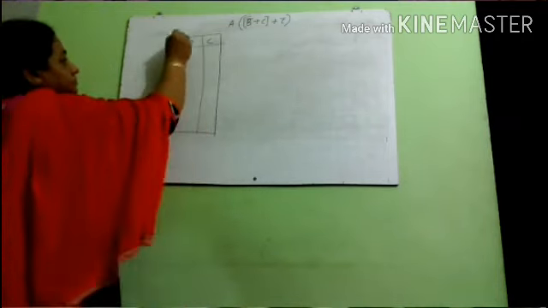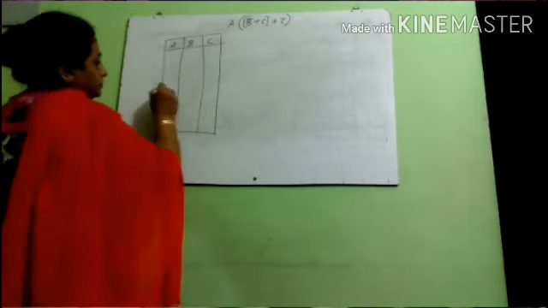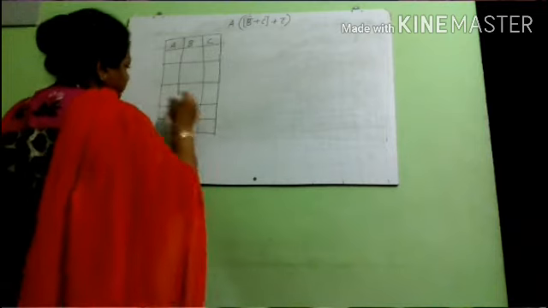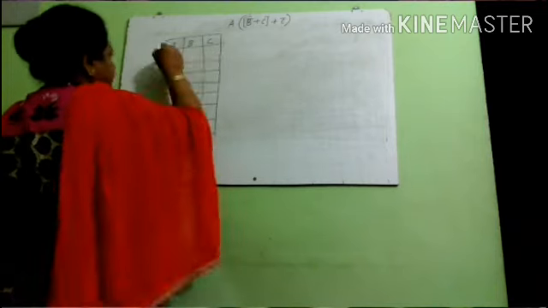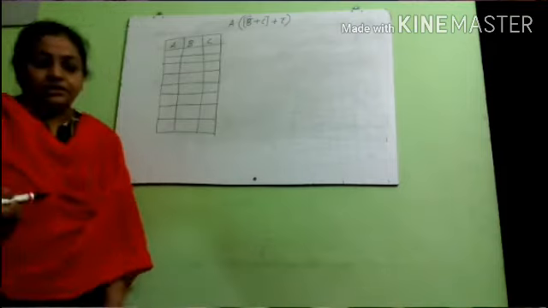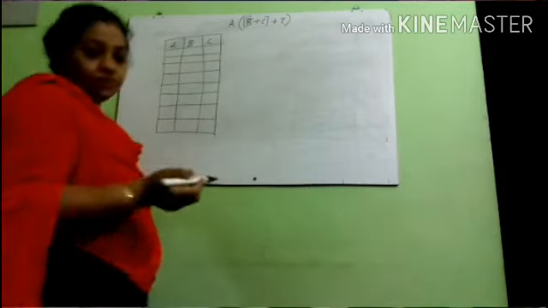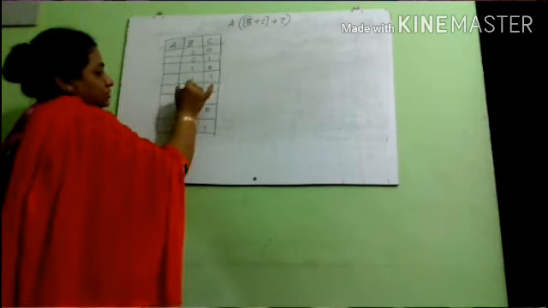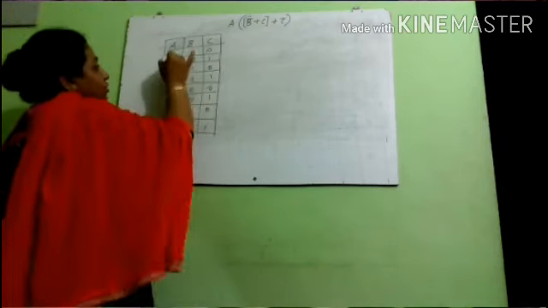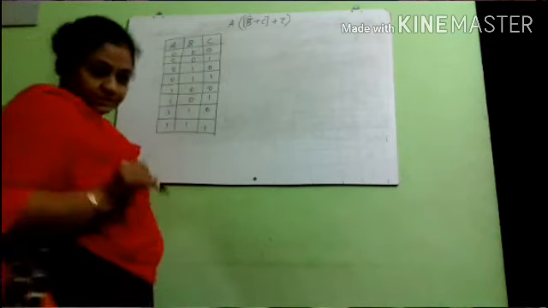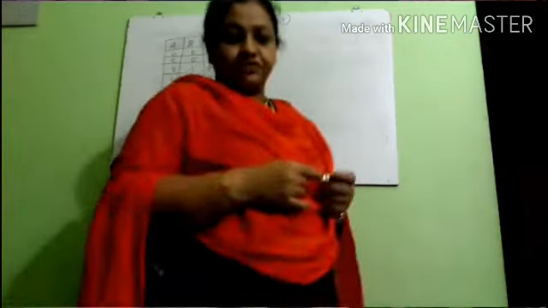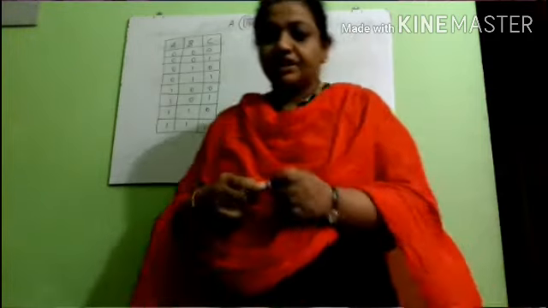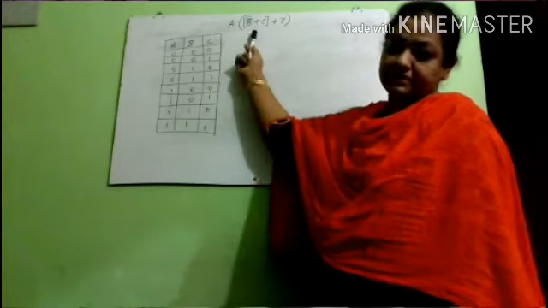As I keep telling, the first step is we need to check the number of variables present in the Boolean expression. The number of variables present in the Boolean expression is A, B and C. So, in total, there are 3 variables A, B and C. As I told earlier, with 3 variables, there is a possibility of 8 combinations of values.